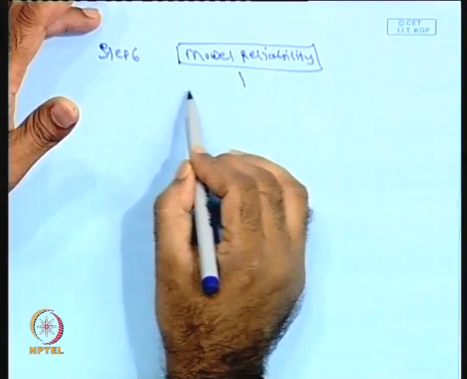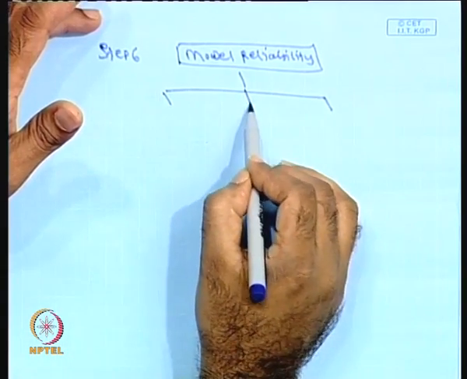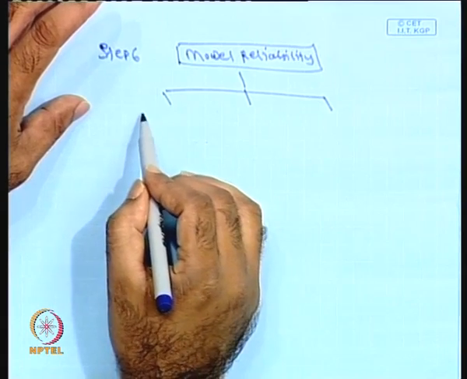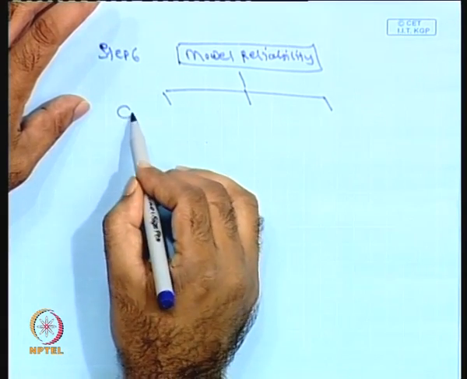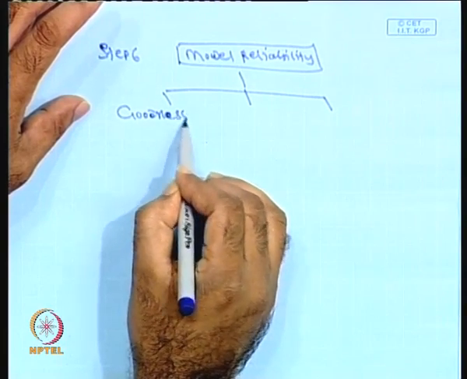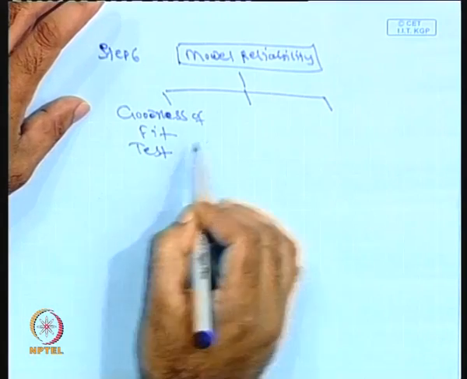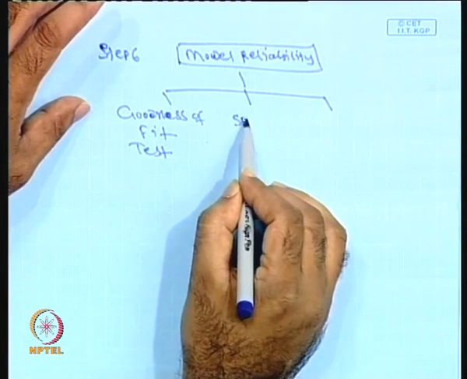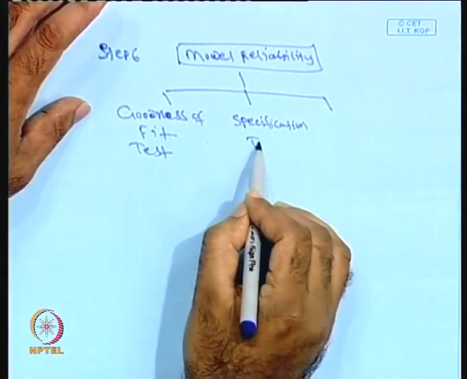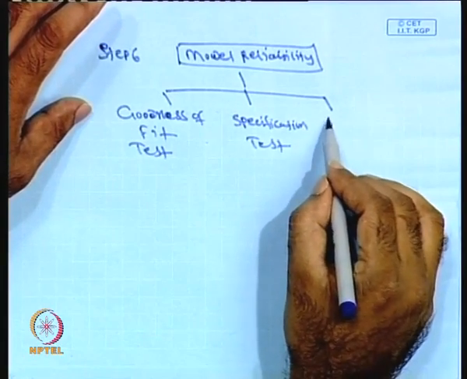Model reliability basically has three components. One is called the goodness of fit test. Second is the specification test. Third is called the out of sample prediction test.